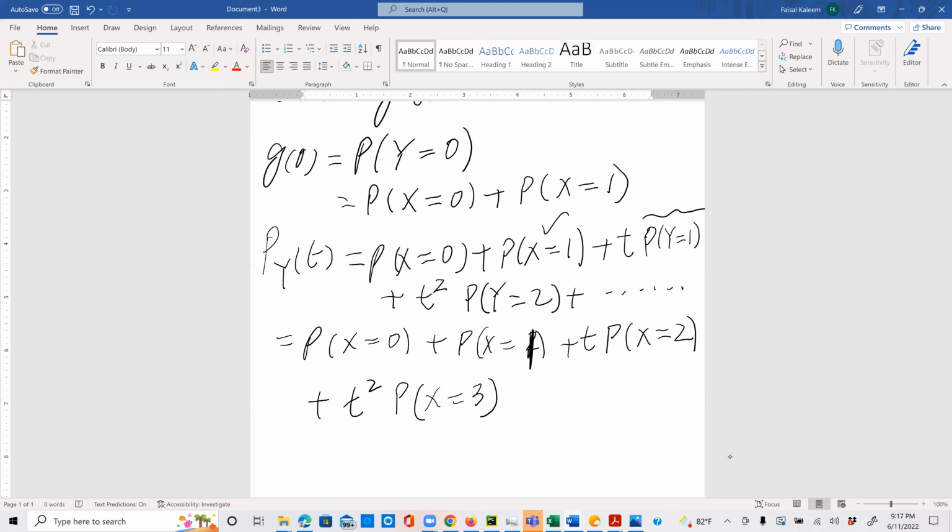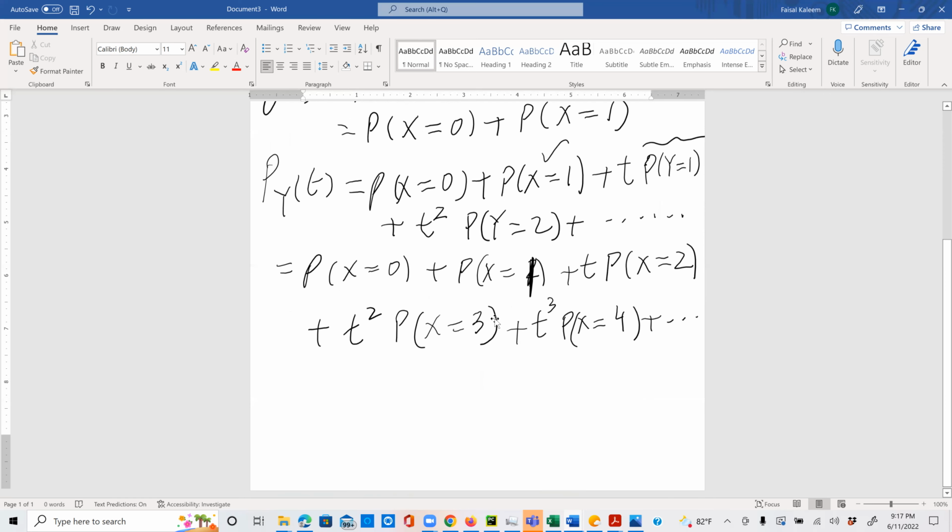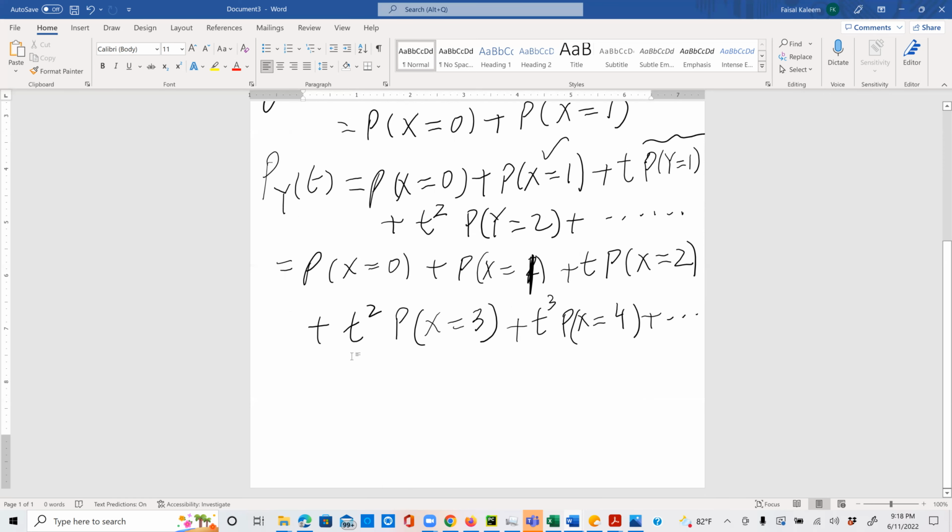Okay. And we actually can see the pattern here. We can write one more term if we want. So that's t cube probability x is equal to 4, and so on. So now what will happen is that this probability x is equal to 0, let's just write it as a separate term.